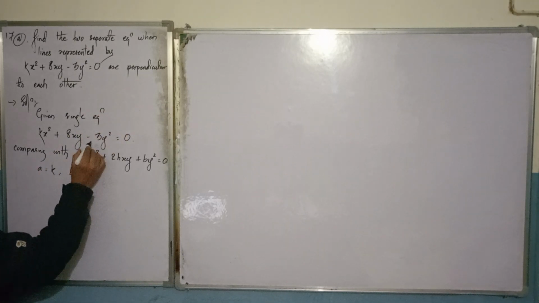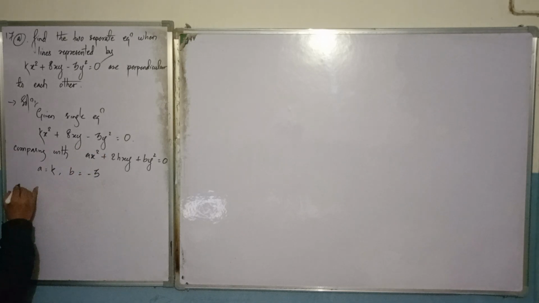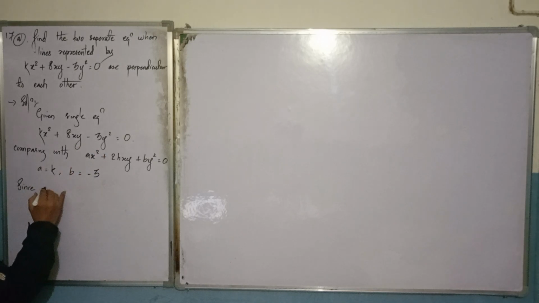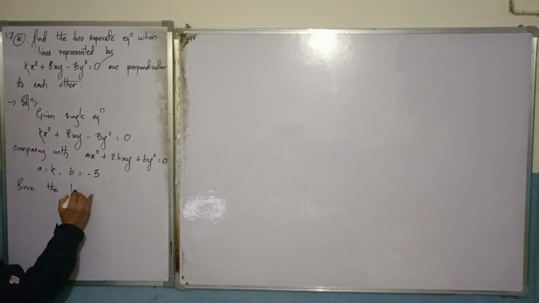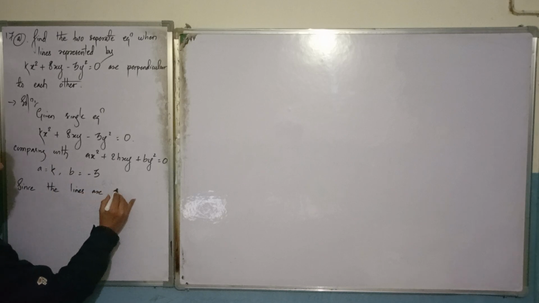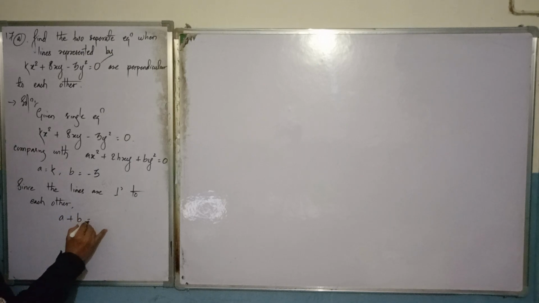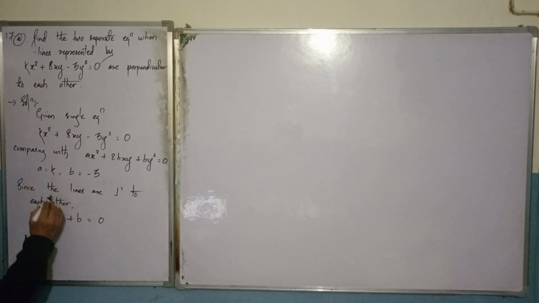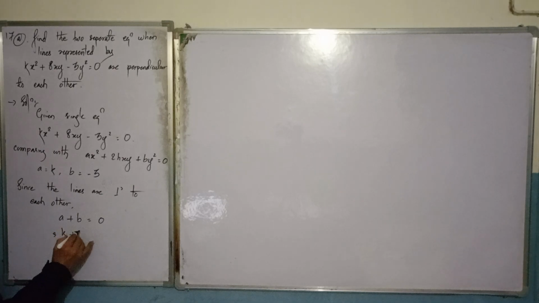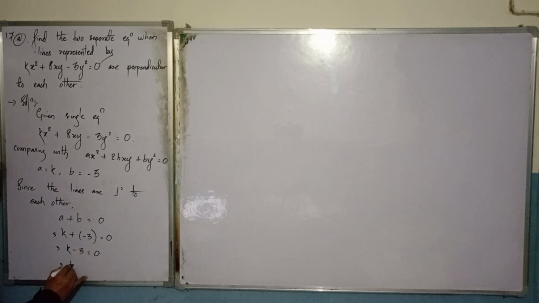Here b is minus 3. Since the lines are perpendicular to each other, a plus b must equal 0. The value of a is k and b is negative 3, so k minus 3 equals 0. Now you get k equals 3.